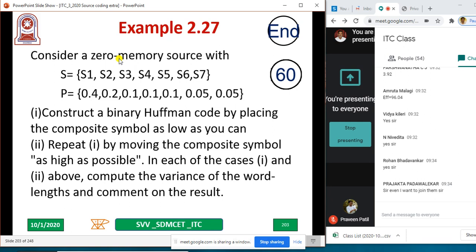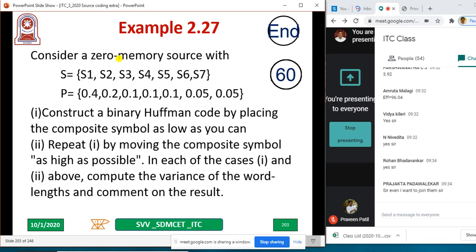Consider a zero memory source S equal to S1, S2, S3, S4, S5, S6, S7 with the probabilities P equal to 0.4, 0.2, 0.1, 0.1, 0.1, 0.05 and 0.05. Construct a binary Huffman code by placing the composite symbol as low as you can.